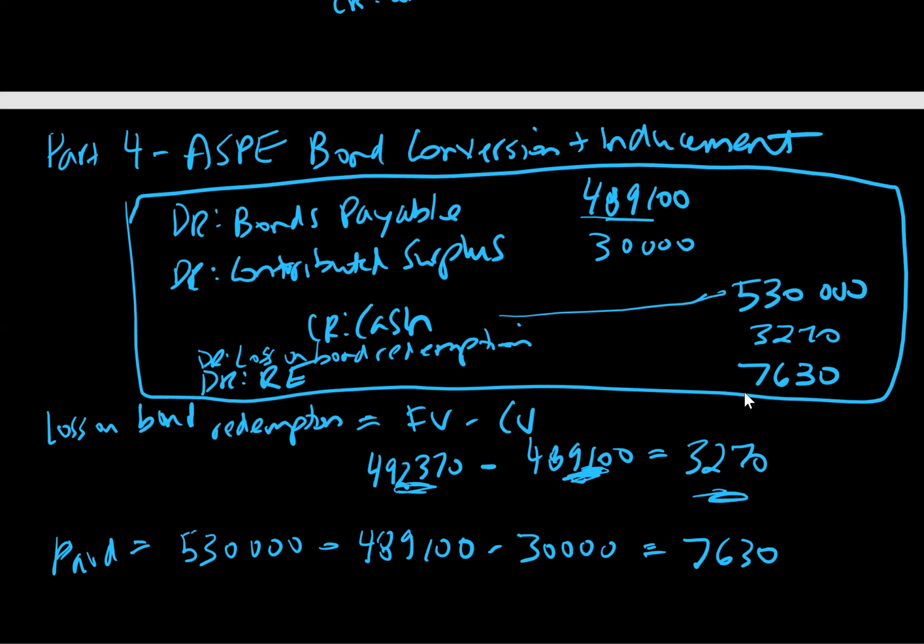And we paid 530,000, even though we had a bond on our statement of financial position at 489,100 and we had contributed surplus of $30,000, and that means that we had to debit our retained earnings by $7,630.